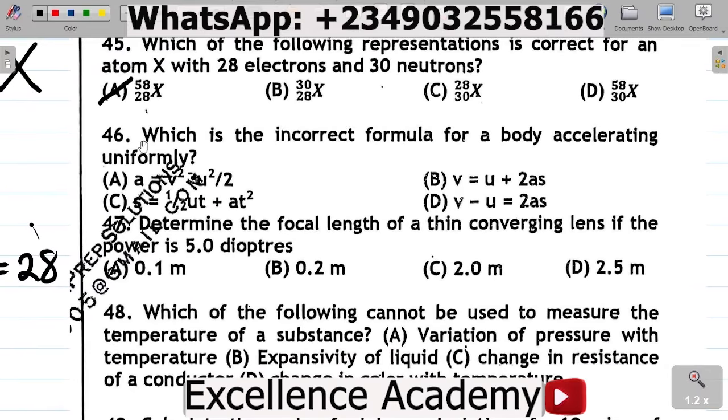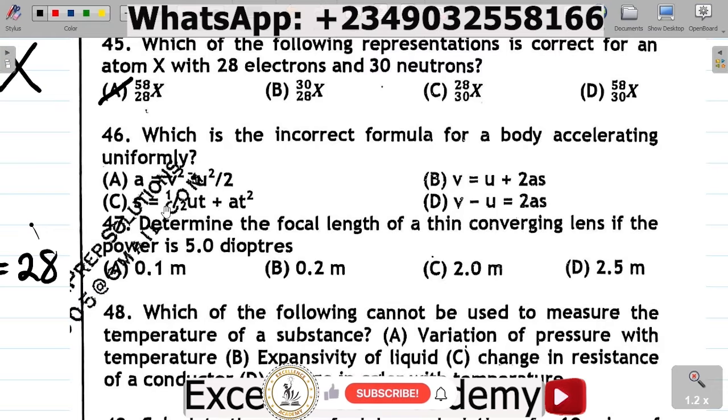Next up, 46. Which of the following is the incorrect formula for a body accelerating uniformly? All right, which of them is incorrect? A, V squared minus U squared over 2. That's not correct. B, V equal to U plus AS. That's not correct. C, S equal to half UT plus AT squared.